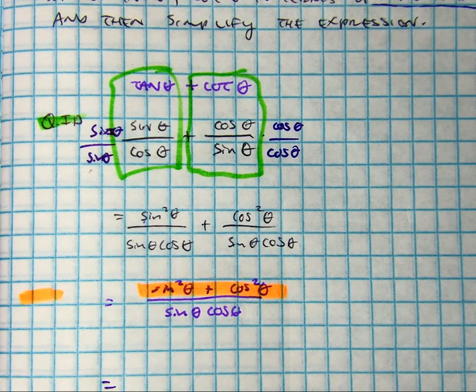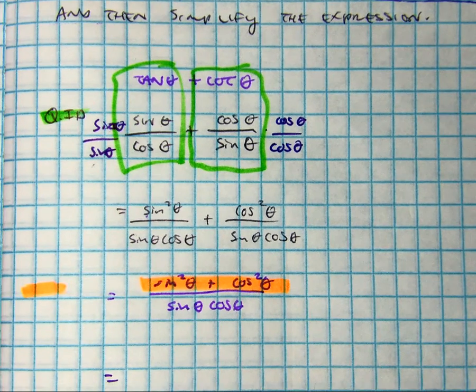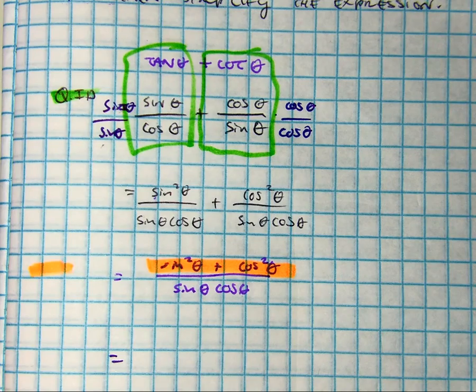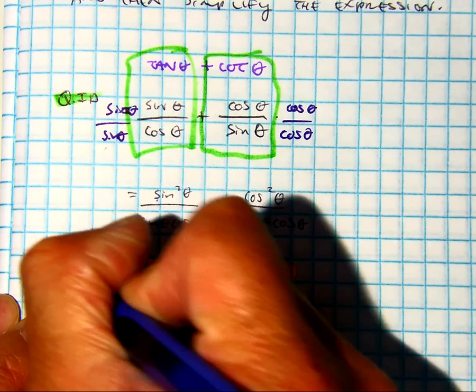Ruby, which identity has sine squared theta plus cosine squared theta? The Pythagorean identity is correct. What is that equal to?